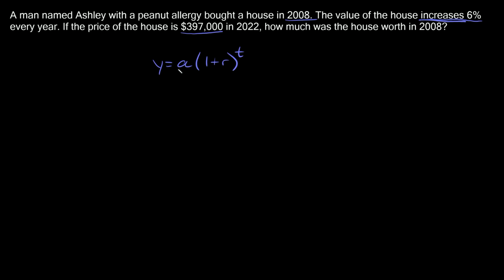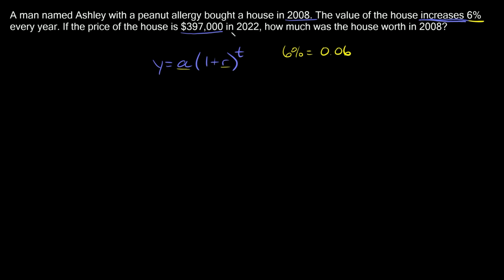So what's our initial amount? How much was the house initially? Well, we're trying to figure out what it was initially back in 2008, right? So we don't know the initial price right now, okay? So we're going to skip on that one right now. Do we know our rate? Yes, we do, right? It's 6%, right? So 6% is equal to 0.06 as a decimal, okay?